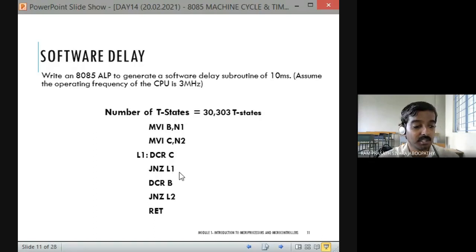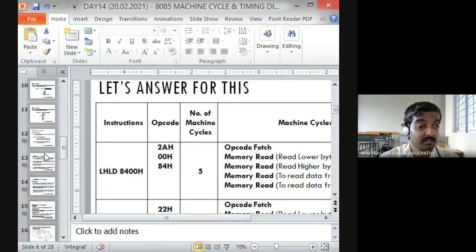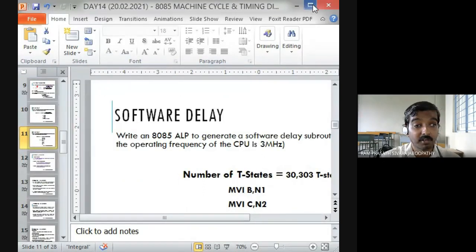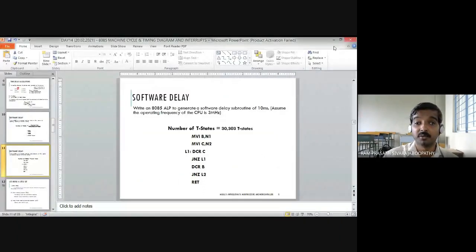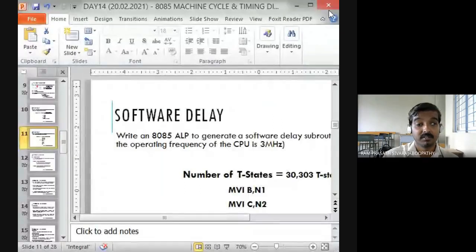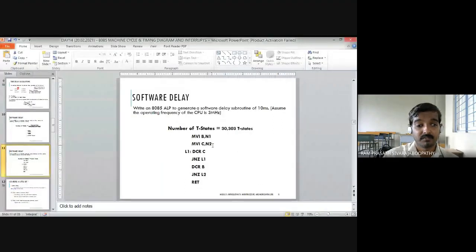Correct? L2 I forgot to tag here. So where should L2 come? Can you people have an idea now? Where must L2 be tagged?